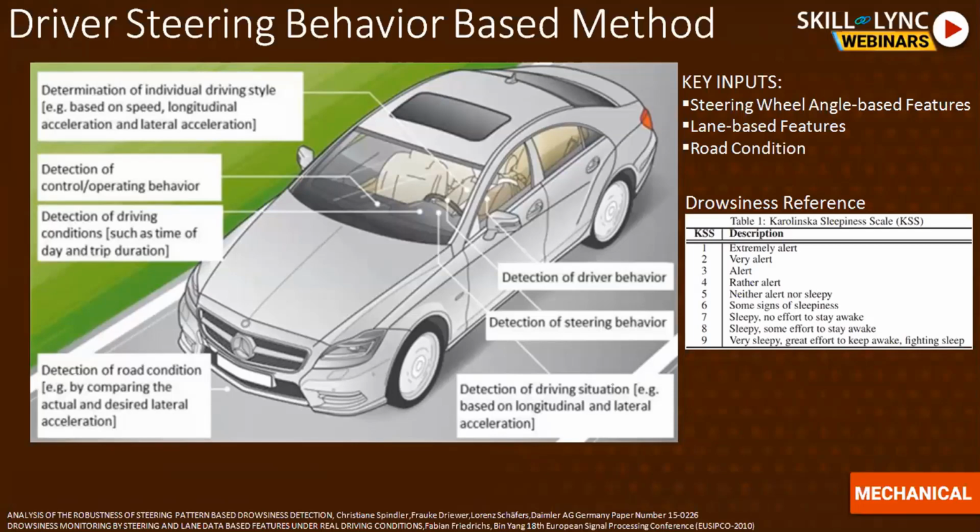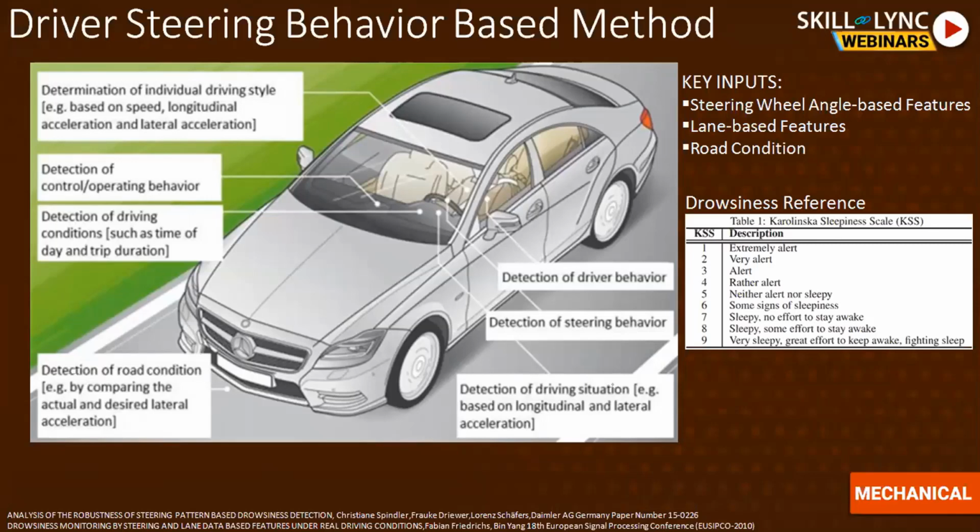How they do that is essentially creating a map of all these parameters to something called a drowsiness reference from the Karolinska Sleepiness Scale. This is a university in Sweden that has been studying drowsiness of drivers for years now. And Mercedes-Benz did a study with about 1.2 million kilometers of driving behavior based on different types of drivers, experienced, trained, experts.